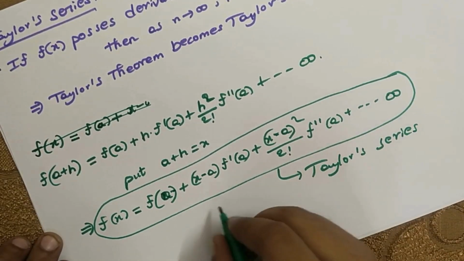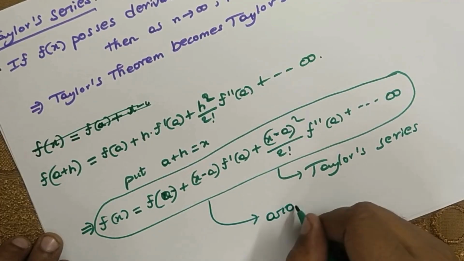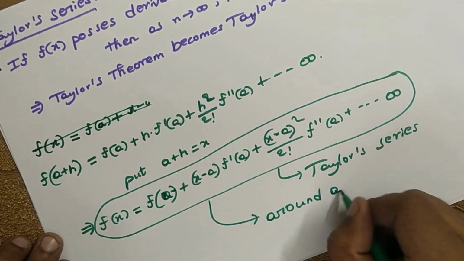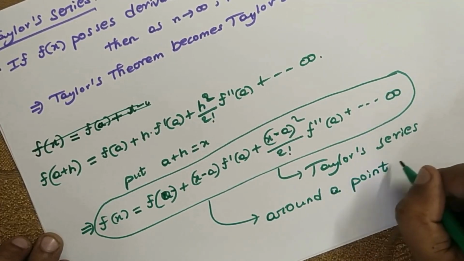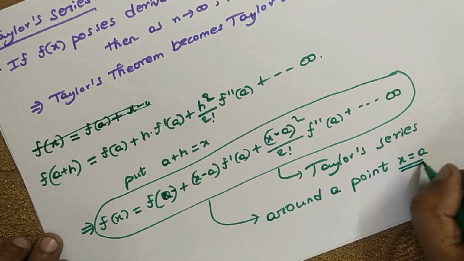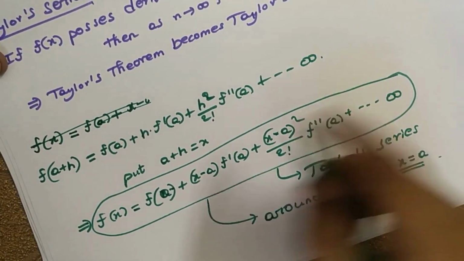Taylor series around a point x is equal to a. Yes, very important one.